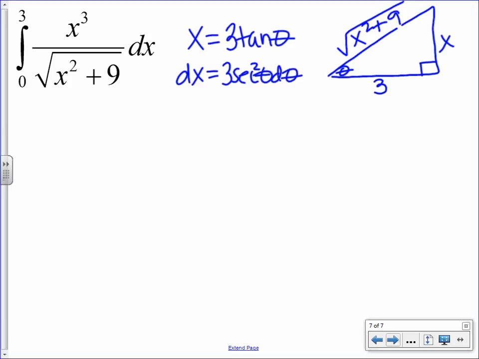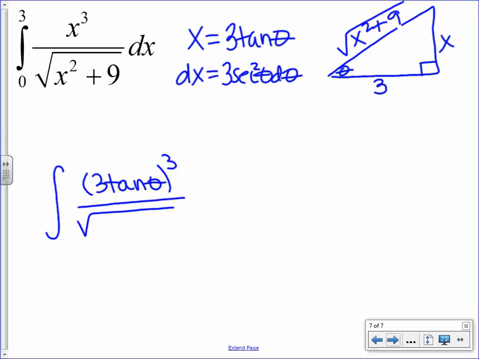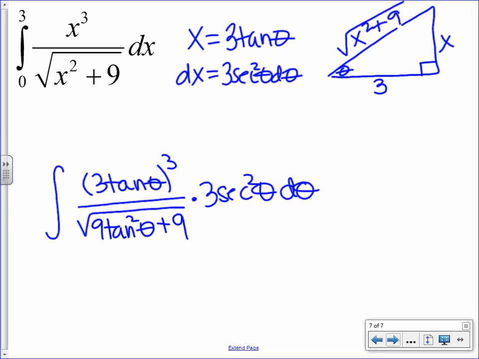Okay, so if we are going to change our integral, x cubed becomes 3 tangent cubed, over the square root of 9 tangent squared theta plus 9. dx becomes 3 secant squared theta d theta.